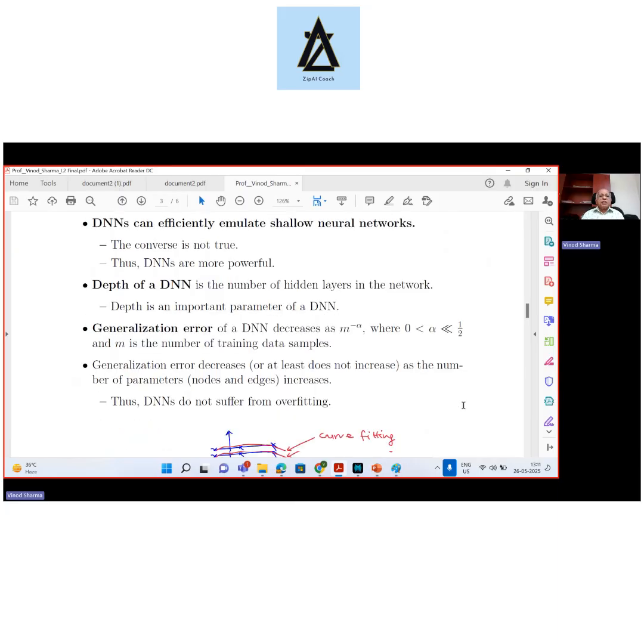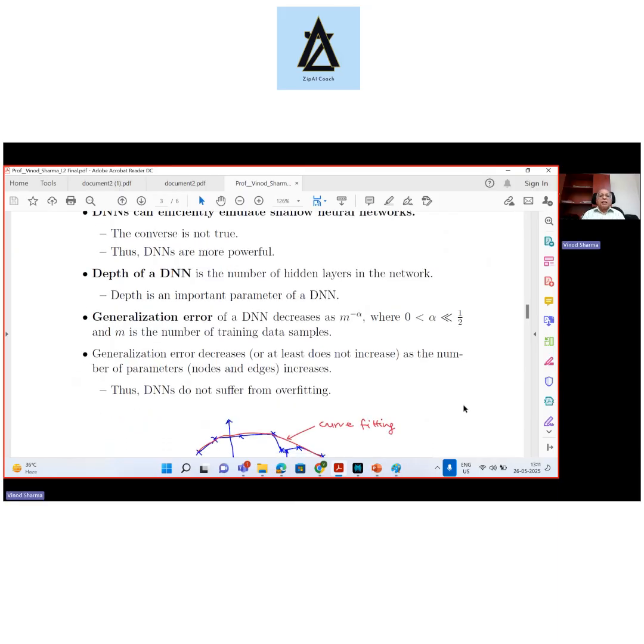Depth of a deep neural network is the number of hidden layers in the network. And as I mentioned, deep neural networks are more powerful than shallow neural networks. Even among deep neural networks, depth matters. And therefore, it is an important parameter of a deep neural network.